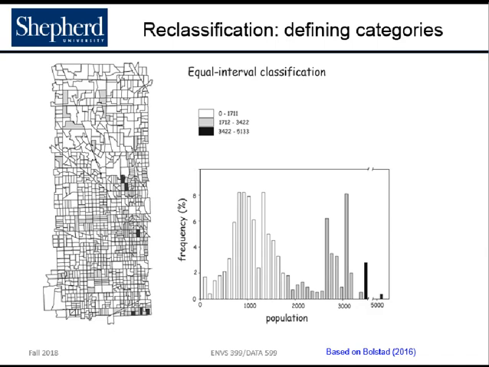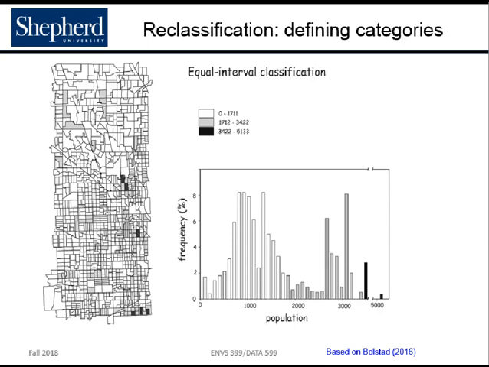The slide illustrates an equal interval classification for the population variable. Three classes assigned over the range of 0 to 5,133 are specified. Each interval is 1/3 of this range. This range is evenly divided by 1711.